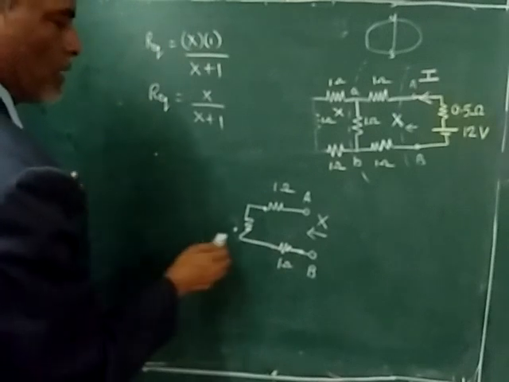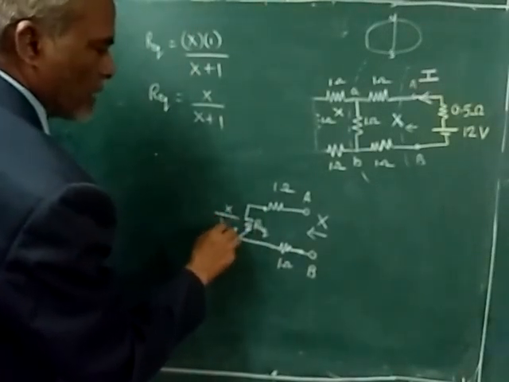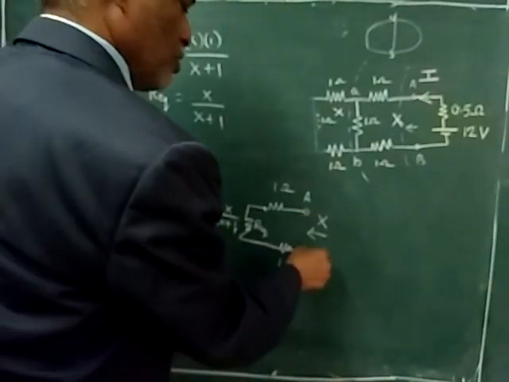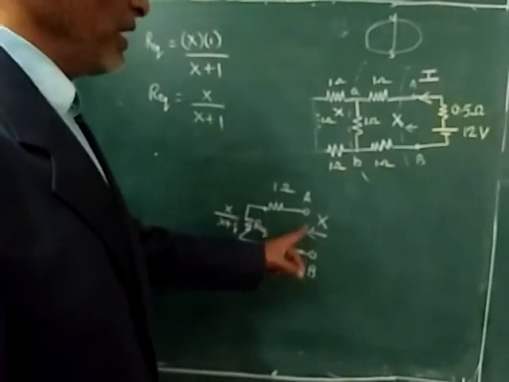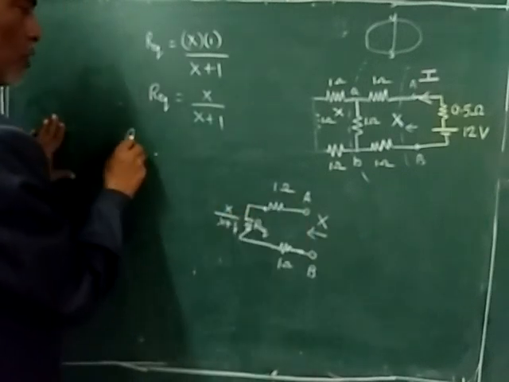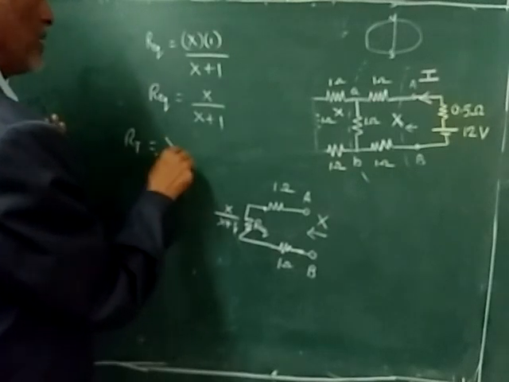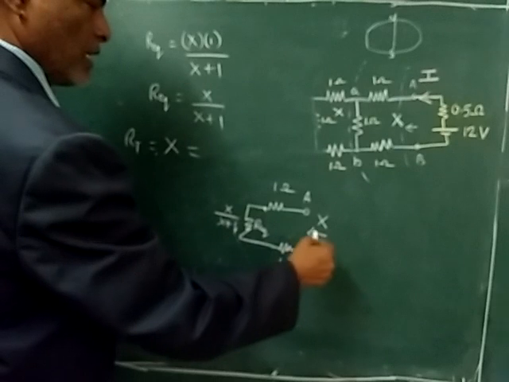This is R equivalent, which is nothing but X by X plus 1. And between these two, the value is X. So total resistance between A and B is nothing but your X itself, which is also equal to, all these three are in series.